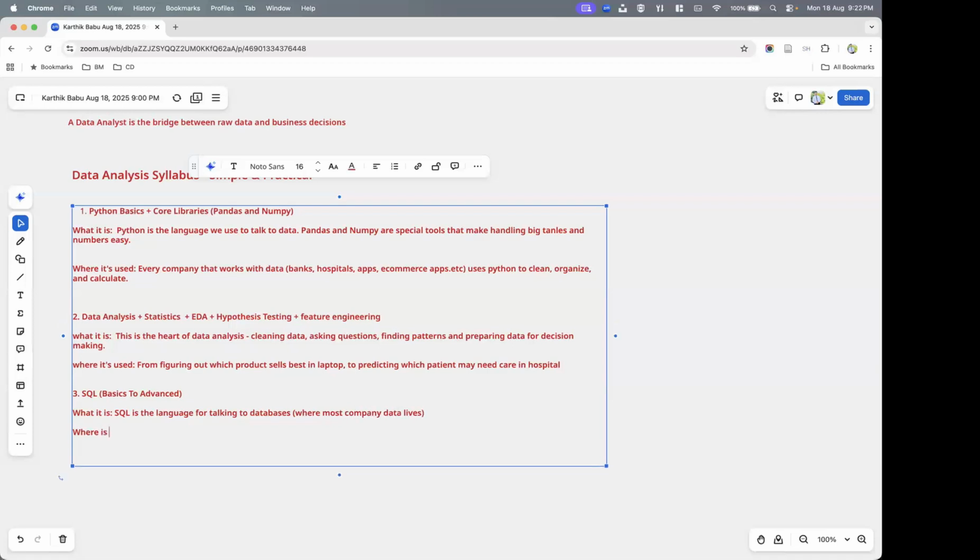Why is SQL used? So that you will be able to understand in more detail. Take an example like apps such as Swiggy, or the Amazon application, or any bank application. All these applications store our data in a database.